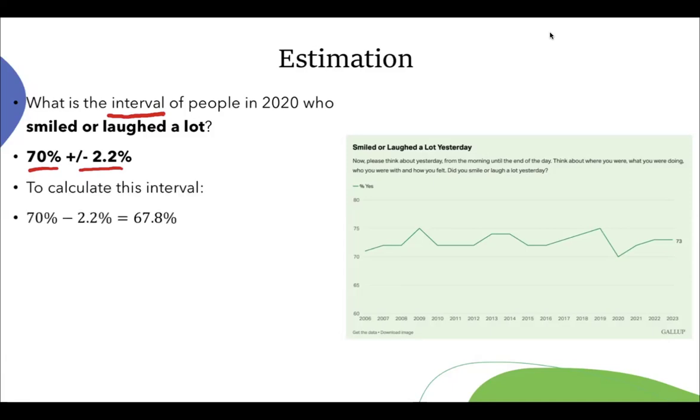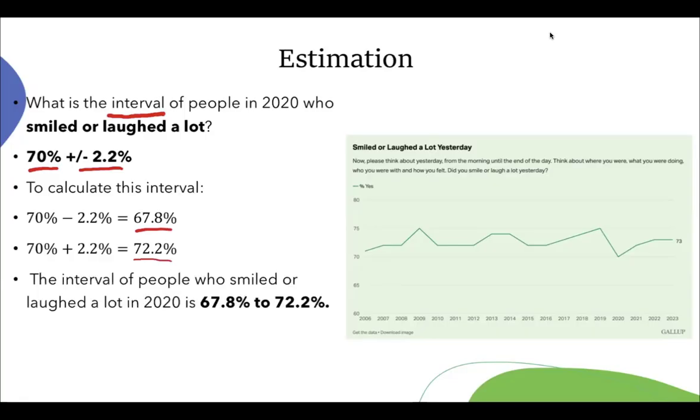So subtracting 2.2 from 70 gives us 67.8, and adding 2.2 to 70 gives us 72.2. And the interval is going to be the range from 67.8 to 72.2. The interval of people who smiled or laughed a lot in 2020 is 67.8 to 72.2.